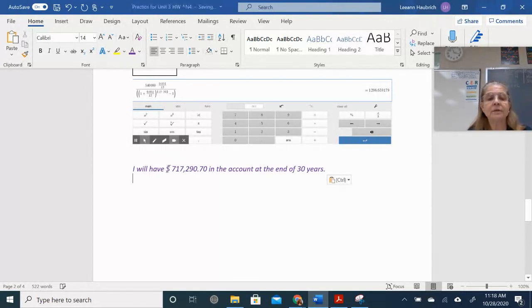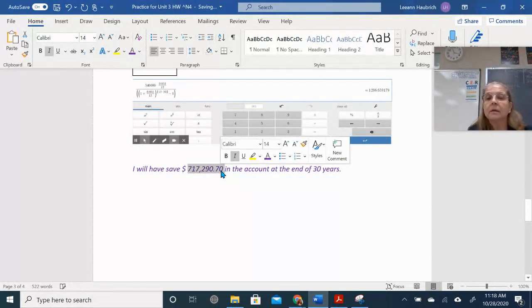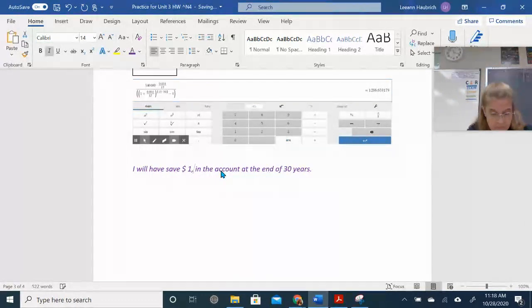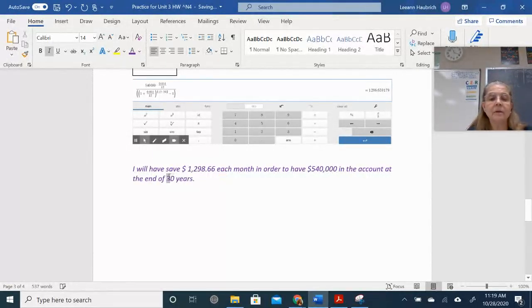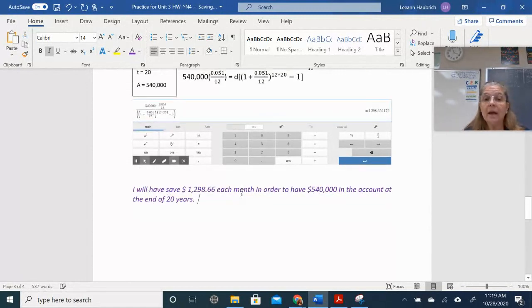Okay, I will have to save, if I can read that number again, $1,298.66 each month in order to have $540,000 in the account at the end of 20 years. And now I'm ready to retire.